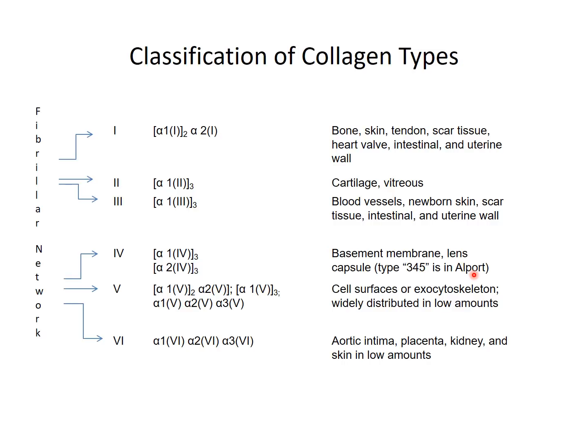So just a little bit of remembrance of what you learned in the renal block in regard of kidney problems. Okay, type 5, type 6, I will not hold you responsible right now where they are, but you see that a lot of organs and tissues contain at least one, but many times more than one kind of collagen for their function.